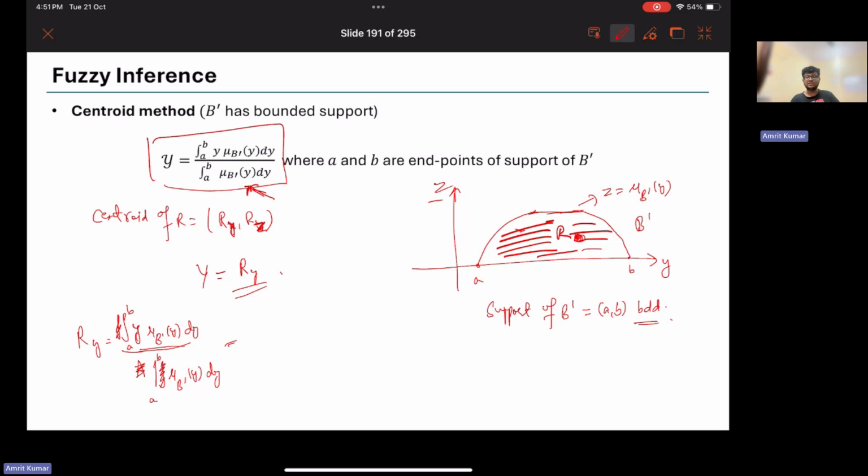So the membership function of B dash needs to be nice in the sense that we are able to evaluate these integrals. And in almost all applications, you will find such nice membership functions only. But it is useful to recognize that you need bounded support for your fuzzy set B dash, and you also need to have a nice membership function for B dash.